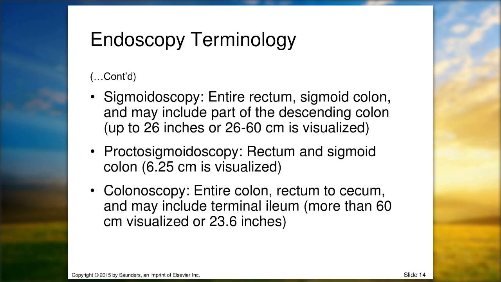On page 669, figure 23-18, you'll notice the illustration there of how a colonoscopy measures how many feet. So this shows you the route the endoscope is inserted during a sigmoidoscopy. Your endoscope is passed through the entire rectum, the sigmoid colon, and possibly part of the descending colon.